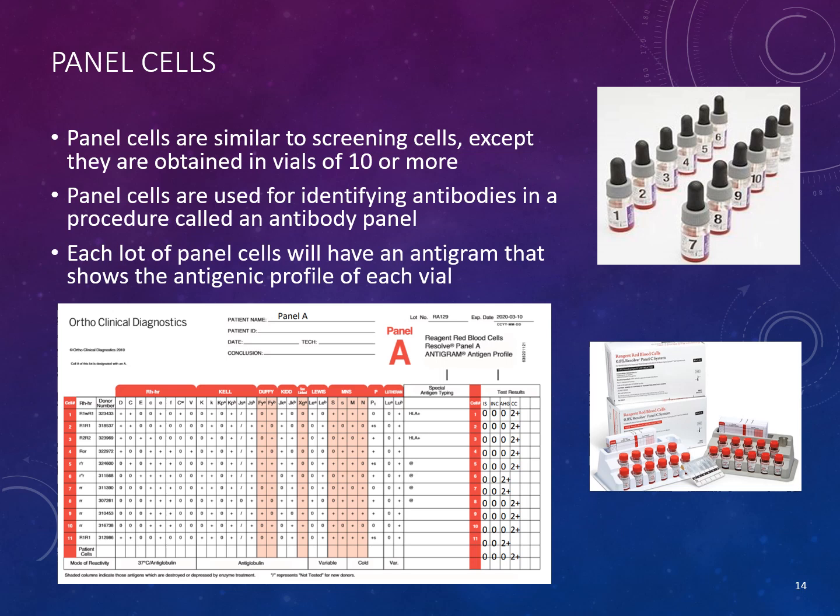In our last picture, we saw just a 1 and 2 donor. This particular panel here has 11 donors, and each of these individual donors has their antigen profile listed on this panel. So we can see which ones are positive for the D antigen versus which ones are negative for that D antigen.